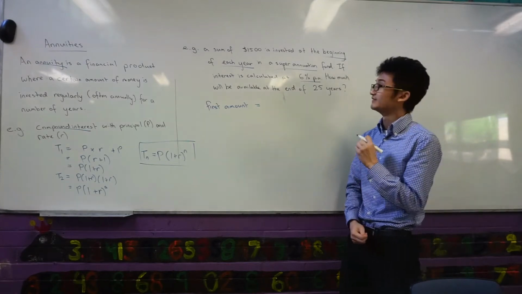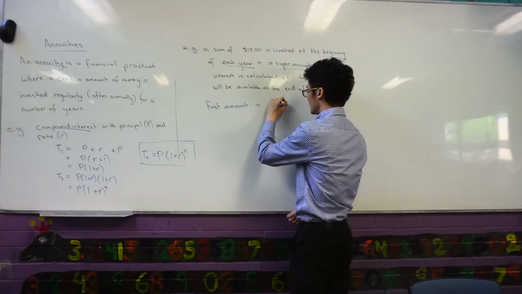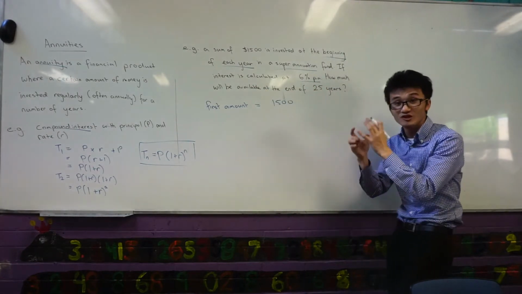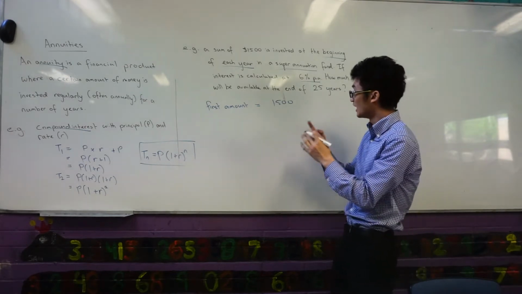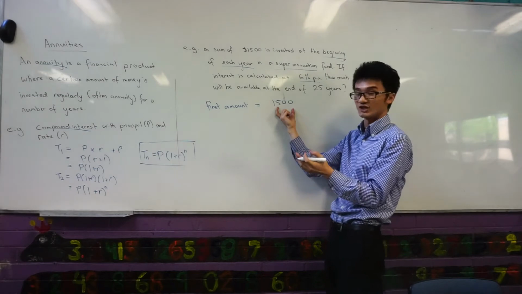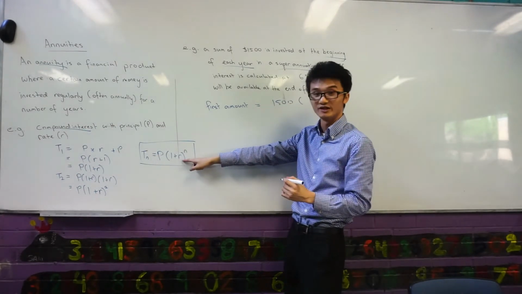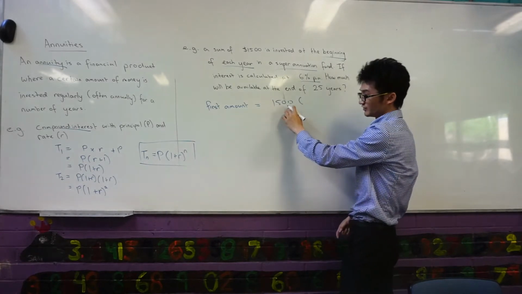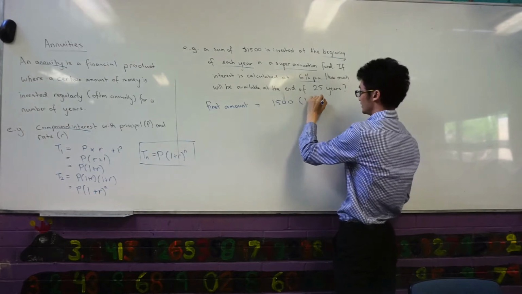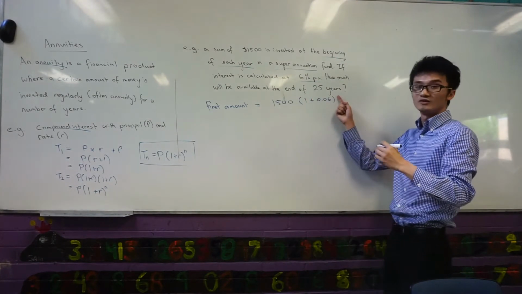How long is that amount actually in the account for? Well, if I am wanting to know how much will be available at the end of 25 years, that first amount that I put in year one, I will have left in that account for 25 years. So just on that initial $1,500, I can think about that as using the compound interest formula. This is my principal, $1,500. My rate is 6%, or I'll write it as 0.06, all to the power, what?